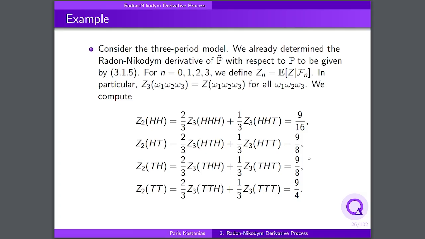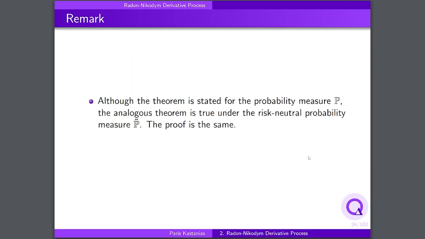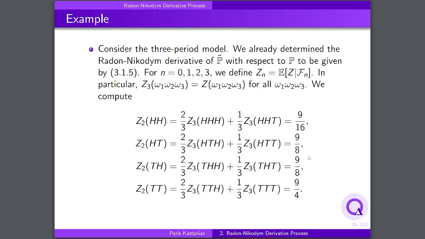So, consider the 3-period model. We already determined the Radon-Nikodym derivative of P tilde with respect to P to be given by 3.1.5. We defined Zn equals the expectation of Z given Fn.